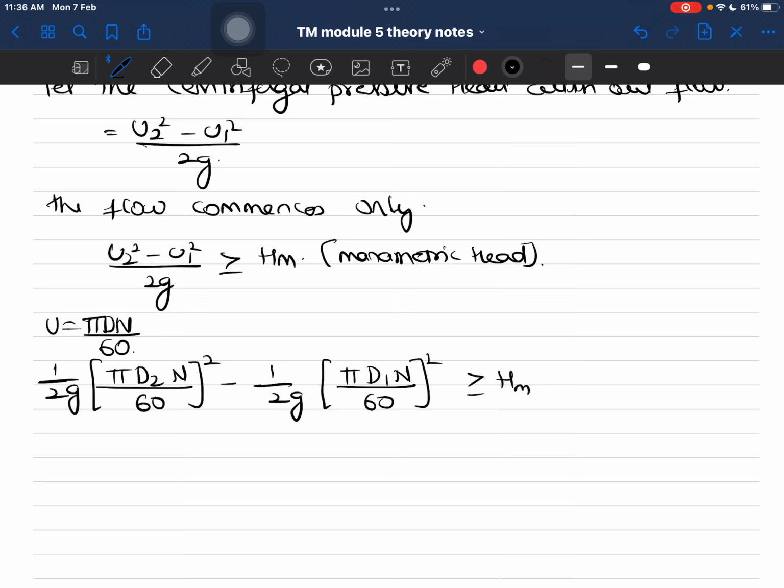That should be greater than or equal to Hm. I would take this as equation number 1.